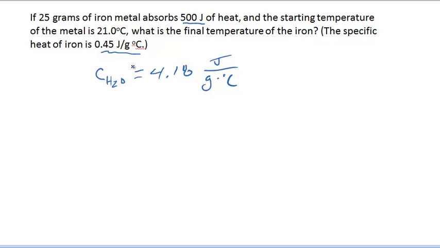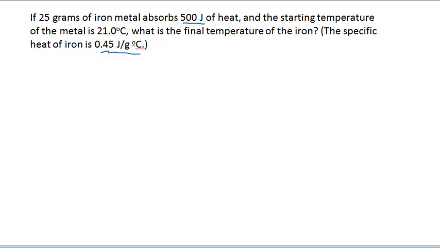Okay, so that's well over 8 times. It's about 9 times as much energy required to heat water 1 degree Celsius. So water can store more heat energy without raising its temperature. So that's just a little tidbit, a little extra.